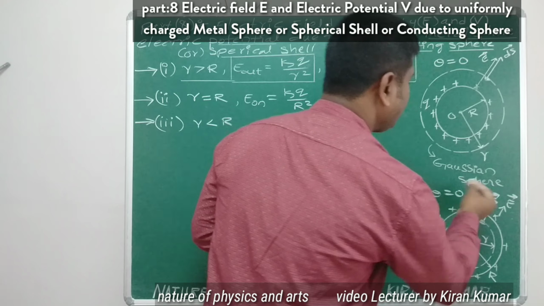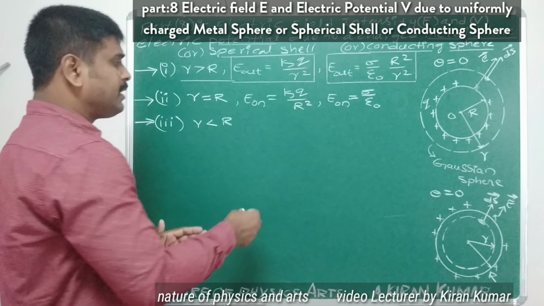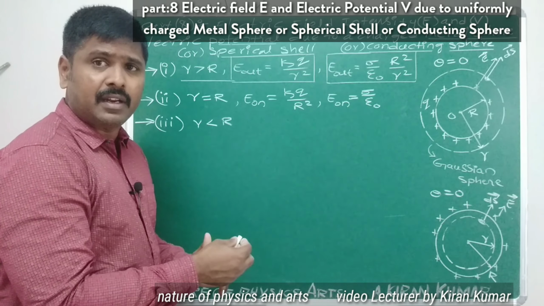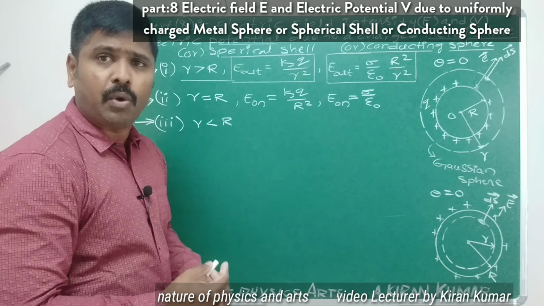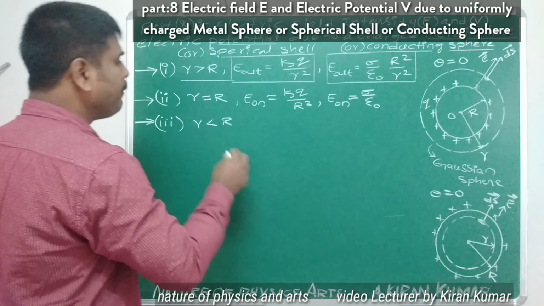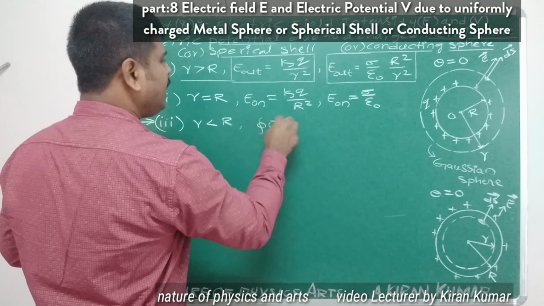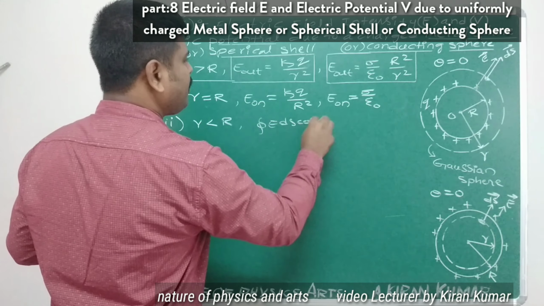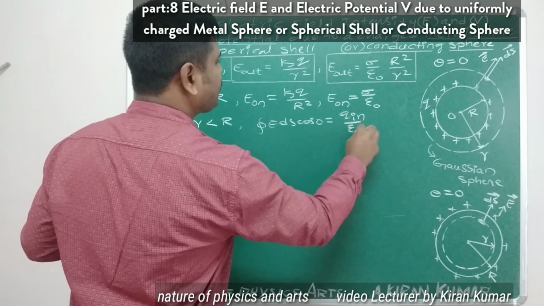Theta is equal to 0 and cos 0 is equal to 1. Again from the Gauss law we get the electric field intensity equal to 0, because inside there is no charge. I wrote one step here: according to the Gauss law, closed integral E ds cos 0 is equal to q in divided by epsilon naught.